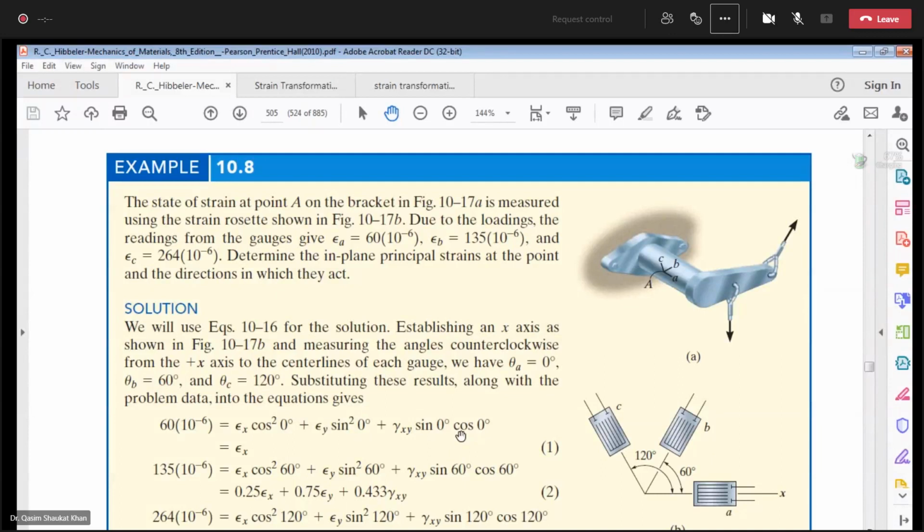So equation 1 is okay. Then comes equation 2.